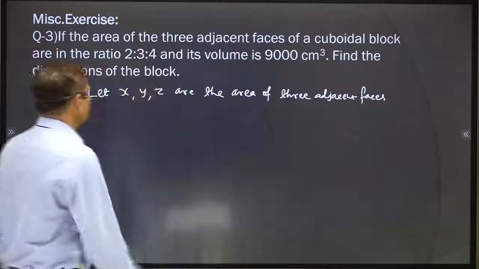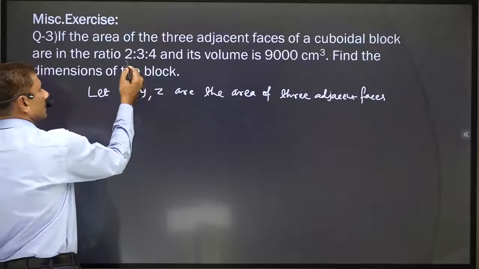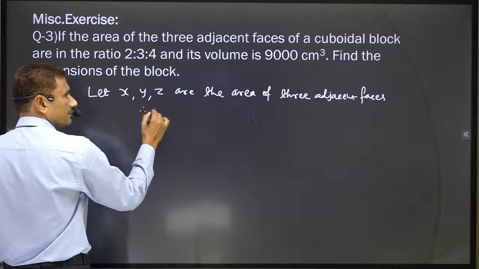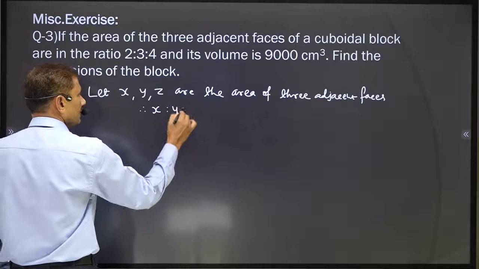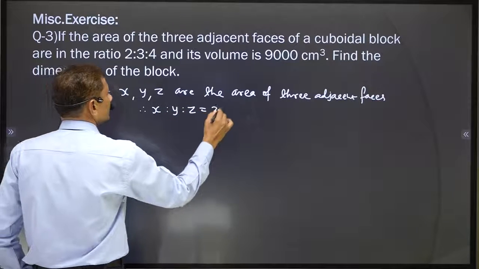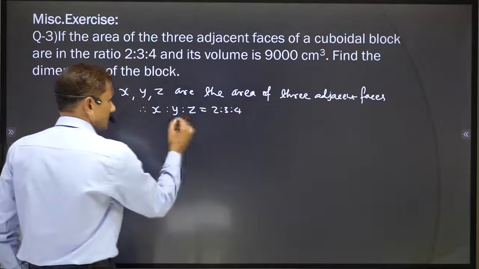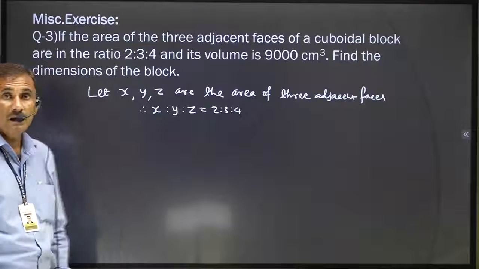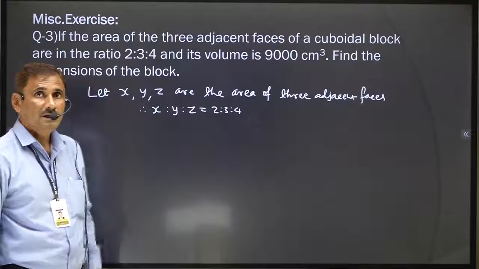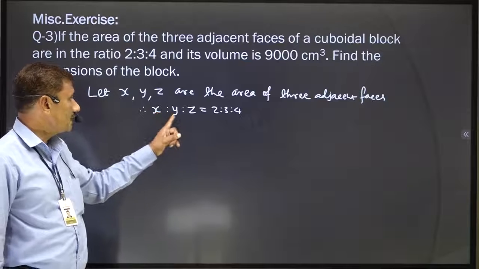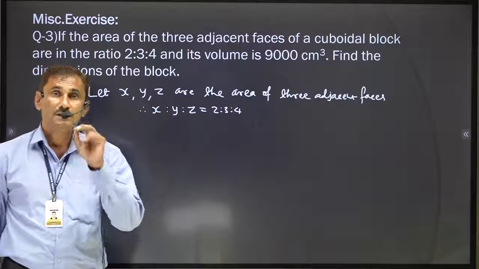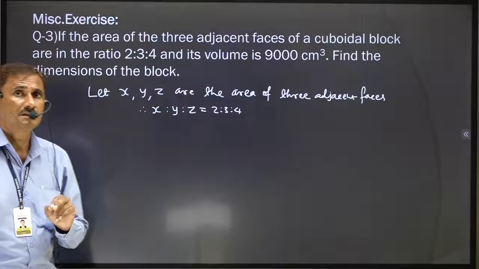And this is the ratio of x is to y is to z. So therefore we can say x is to y is to z equal to 2 is to 3 is to 4. So they have given this only, not of length, breadth and height. It is not the ratio of length, breadth, height. It is the ratio of areas.